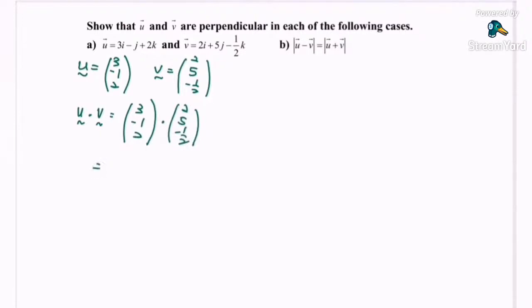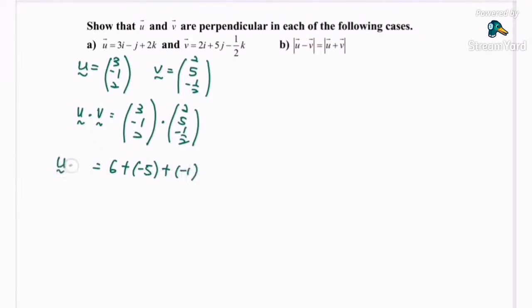So the process of dot, where we have 3 multiplied with the 2, 6, plus -1 multiplied with the 5, so we have -5, plus 2 multiplied with the -1 over 2, where we will have -1.